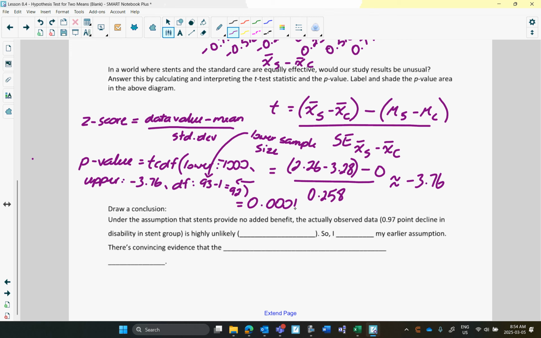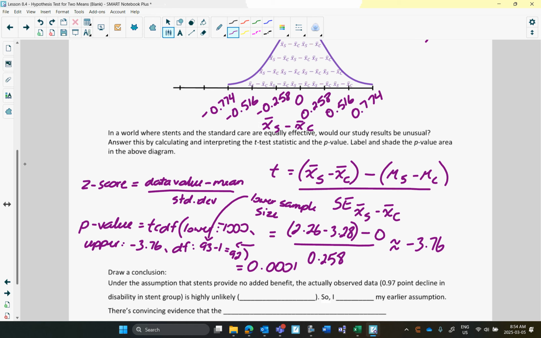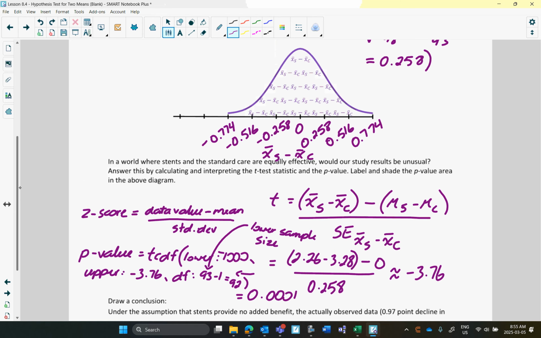This should tell you something right there. Yes, because here, I'll show you. If we go back to the diagram, what was the difference between, what was our sample? It was this minus this, so it was 2.26 minus 3.28, right?